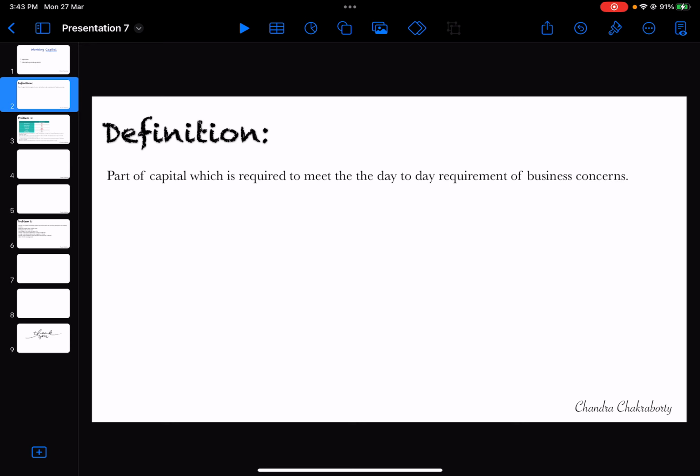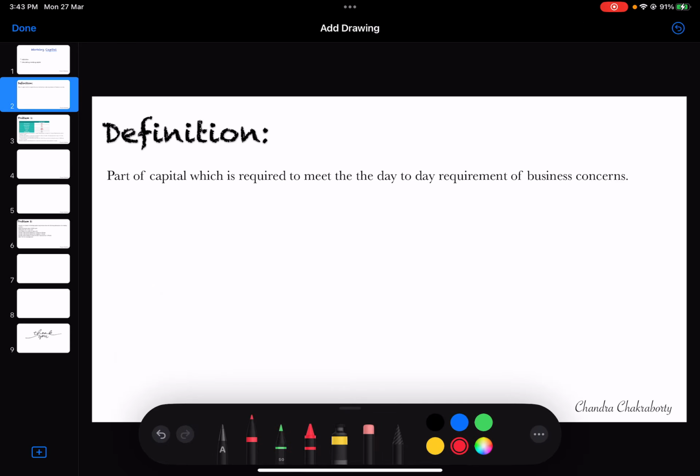Now, how do we calculate the working capital? Let's find out. To calculate the working capital, you have to first find out the current asset, and then you have to deduct current liabilities from it.